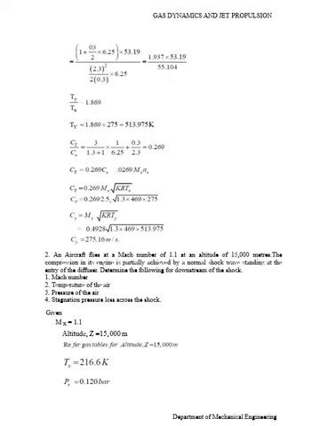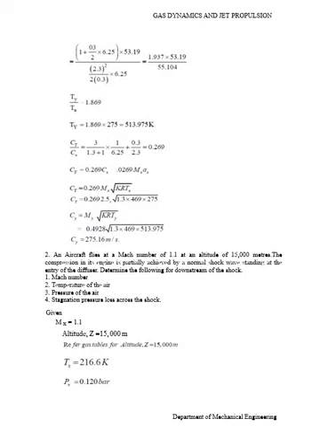In the given problem Tx is given, therefore Ty equals 513.975 Kelvin. And next, the velocity ratio Cy divided by Cx equal to 0.269. Here Mach number M equals C by a, Cx equals Mx into ax. Therefore we get Cy equal to 275.16 meter per second.